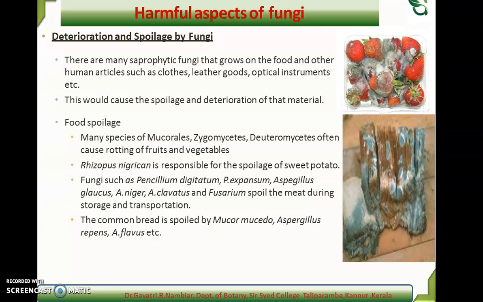One of the very important harmful aspects of fungi is the deterioration and spoilage by fungi. This is a very common harmful aspect which you see in our day-to-day life.